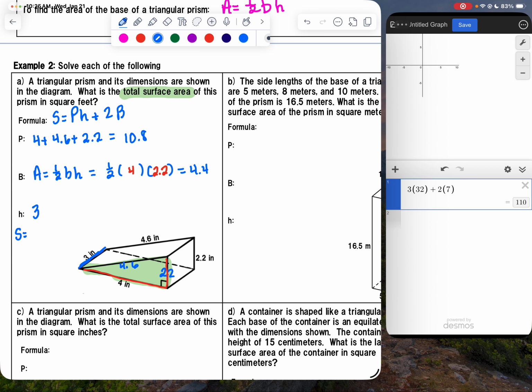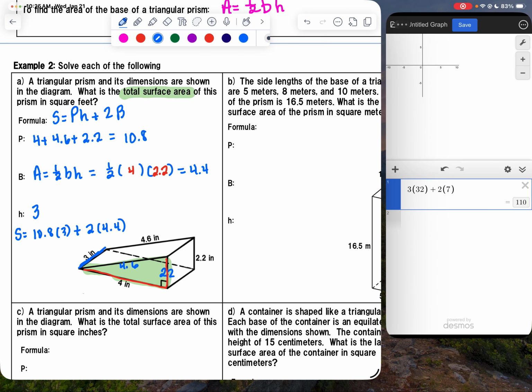All right, now we're ready to plug everything into our formula. So total surface area is perimeter of the base, which was 10.8, times the height of the prism, which was 3, plus 2 times the area of the base, which was 4.4.